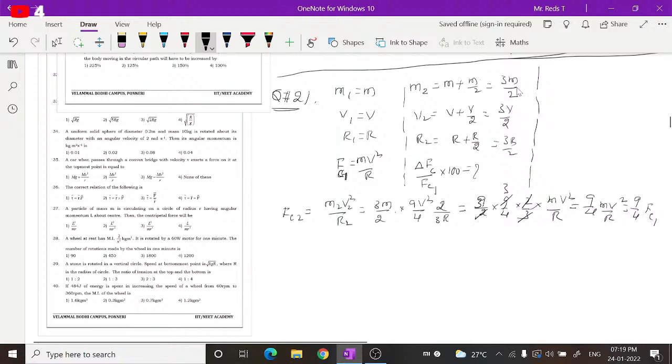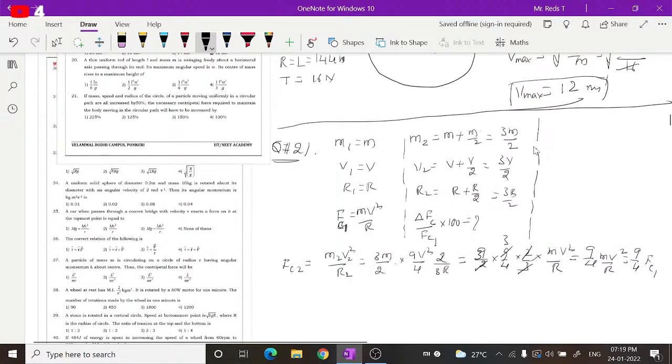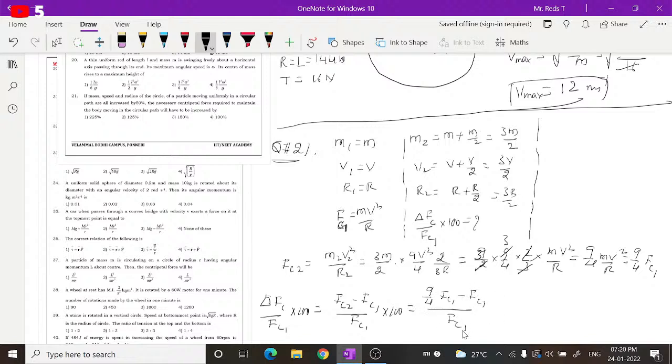Now try to find this out. Here only you can do it, otherwise to save space, let us do it down. Delta fc by fc1 into 100 is equal to fc2 minus fc1 divided by fc1 into 100, which is equal to 9 by 4 fc1 minus fc1 divided by fc1.